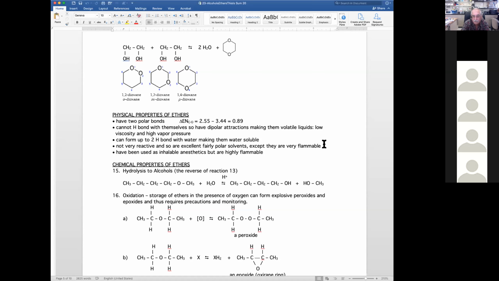Just goes under the liquid and goes out where there's no oxygen. And so, yes, ethyl ether has been used as an anesthetic, but again, it's very flammable and very dangerous.